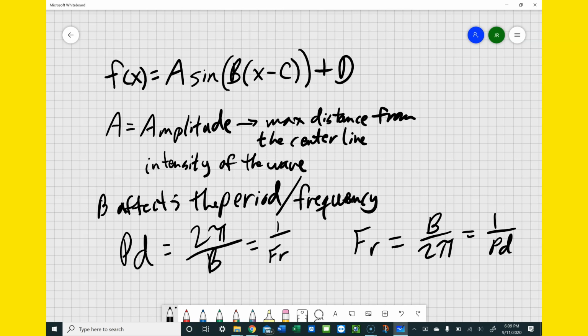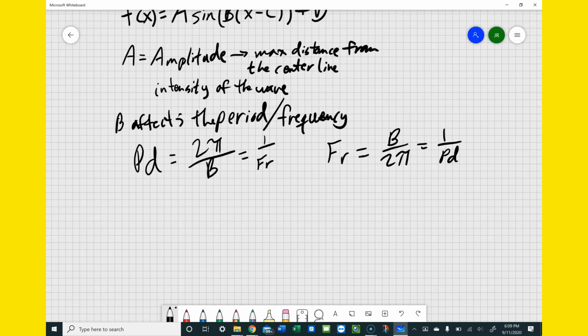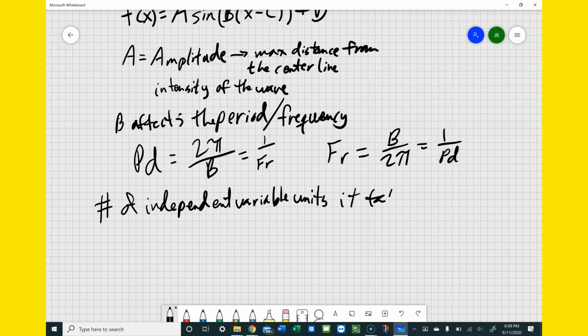What is period? The period is the number of independent variable units it takes for a full cycle.